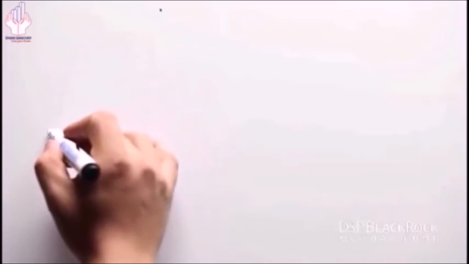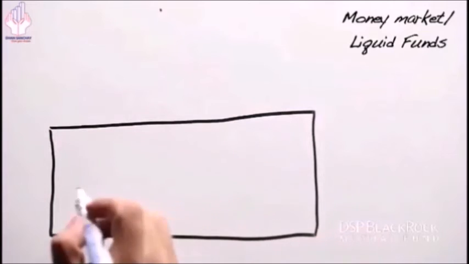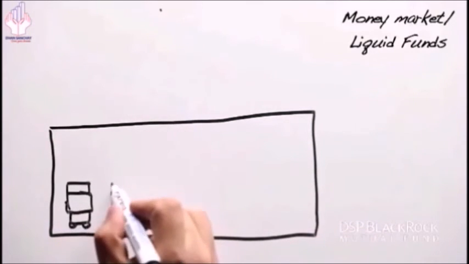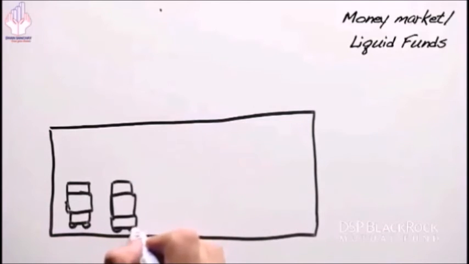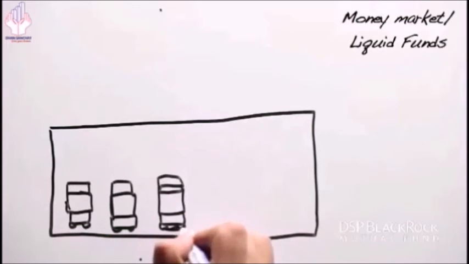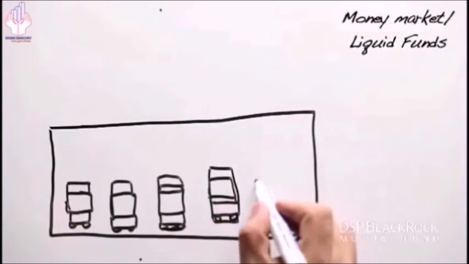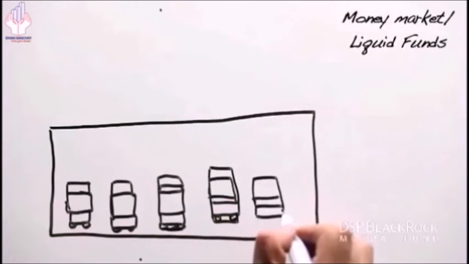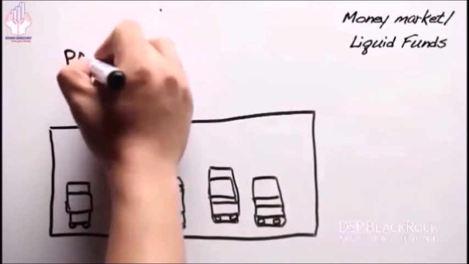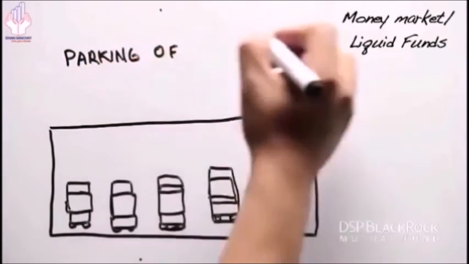Money market or liquid fund. These funds are also income funds, and their aim is to provide easy liquidity, preservation of capital, and moderate income. These schemes invest exclusively in safer short-term instruments such as treasury bills, certificates of deposit, commercial paper and CBLO, government securities, etc. Returns on these schemes do not fluctuate much compared to other funds.